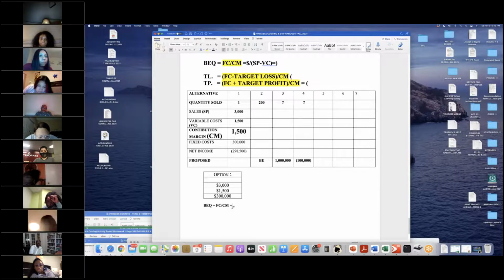So that's going to be equal to the 300,000 divided by this unit CM. So what's that going to equal? Is that 200? Yes.